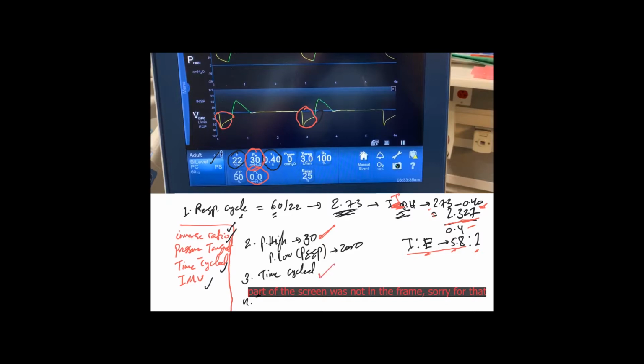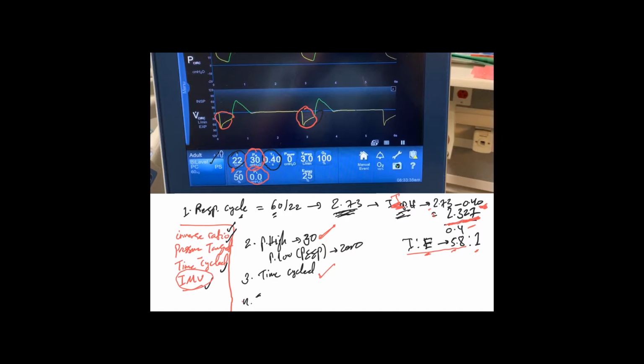Time cycle, we just talked about it. The inspiration will be 2.327 seconds, and then expiration 0.4. And number 4, it's intermittent mandatory ventilation, which means the ventilator will give 22 breaths.